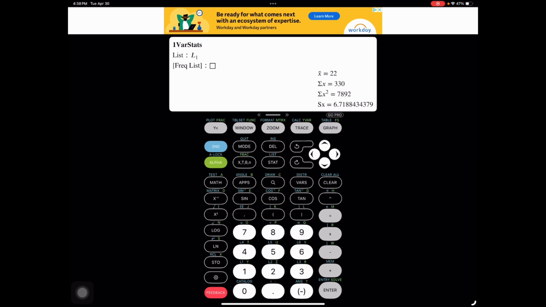So the mean is 22. The standard deviation, S subscript X, is that 6.71 number, so in nearest tenth it would be 6.7. Then if I keep scrolling, I'm going to get that other important information. Now, they wanted us in part A to record the first quartile, the third quartile, and the IQR. The IQR we'll have to figure out ourselves.